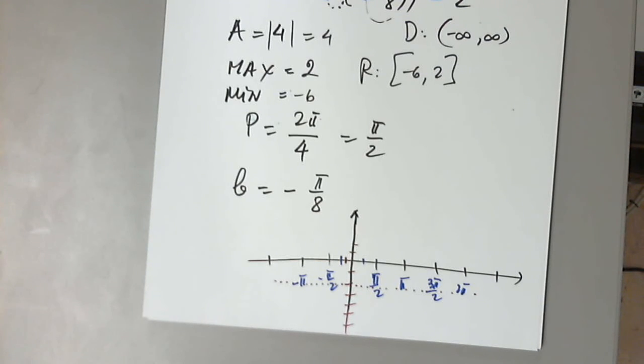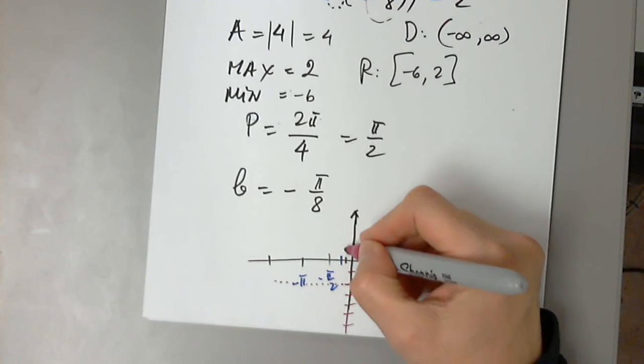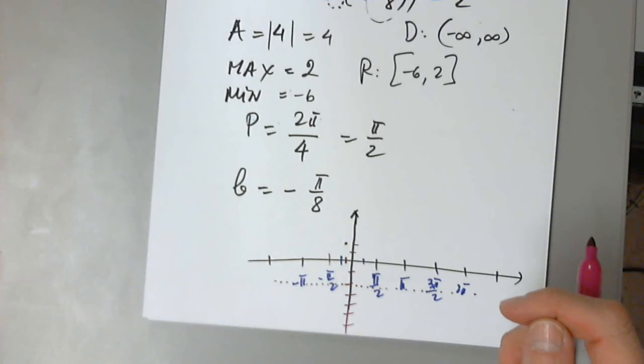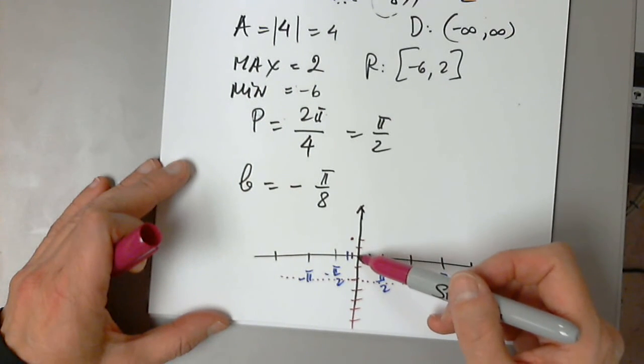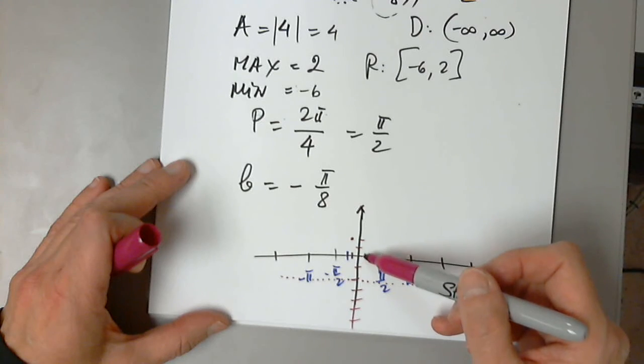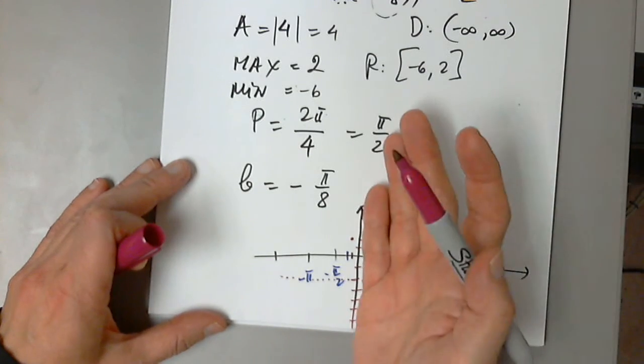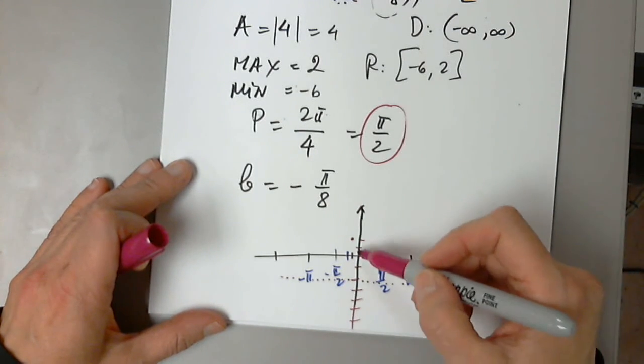Okay, so the maximum point is right here. And it has to do something like this. But with a period of pi/2, so I have to be careful where I start and where I end. So obviously it starts right here at pi/4. So pi/4 and another pi/4 will give us pi/2. So it doesn't even go anywhere, actually.